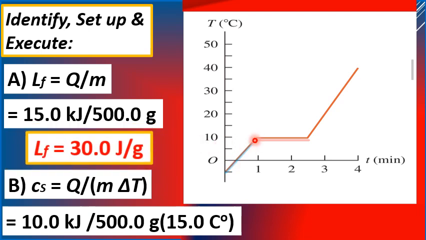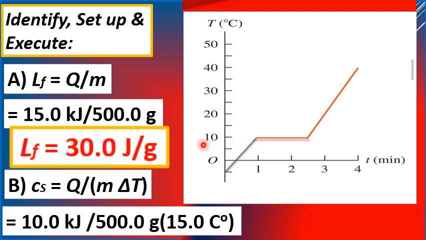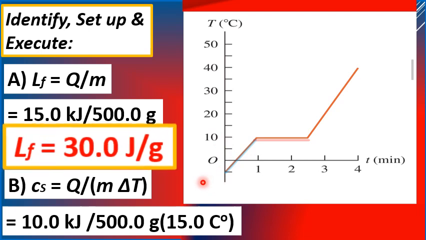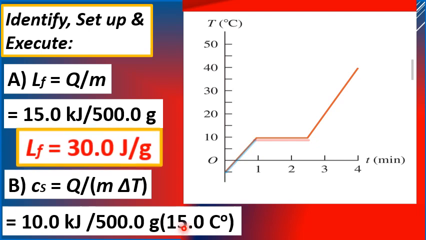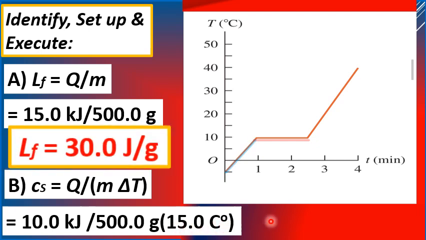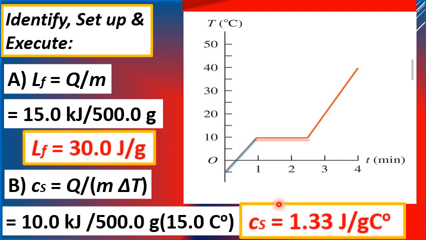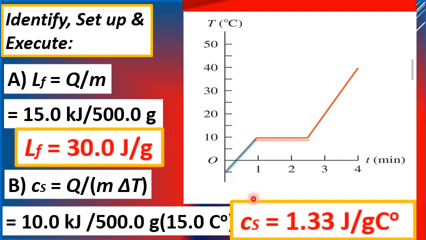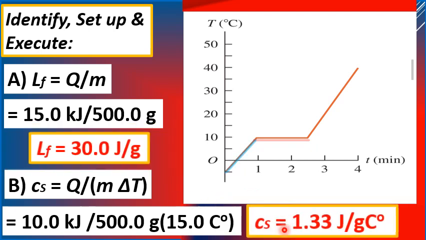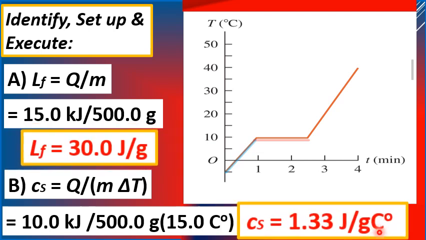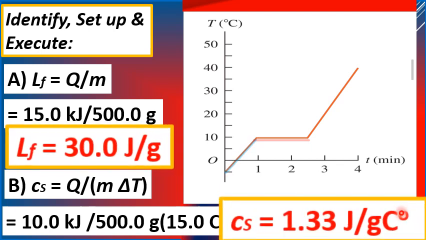Deducting the initial temperature from the final, 10 degrees Celsius minus negative 5 degrees Celsius gives a delta T of 15.0 Celsius degrees. Doing the math, C sub S equals 1.33 joules per gram Celsius degree in three significant figures as well.